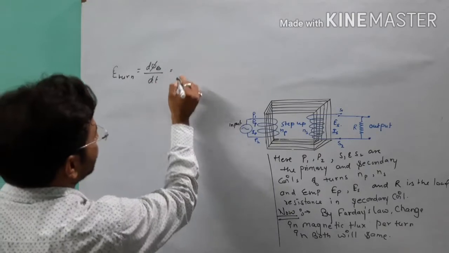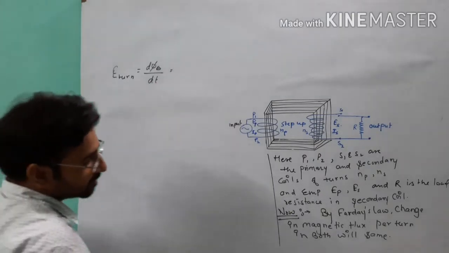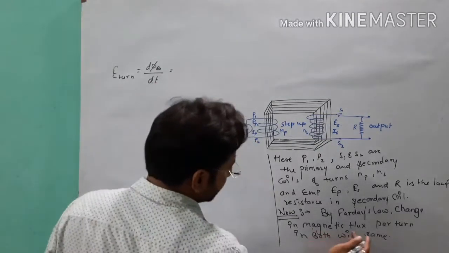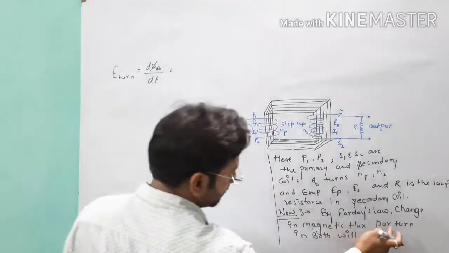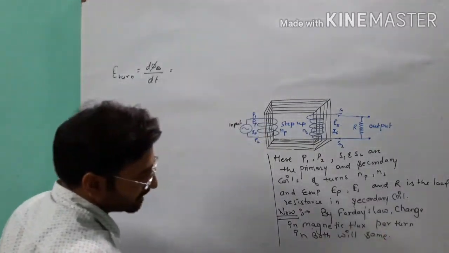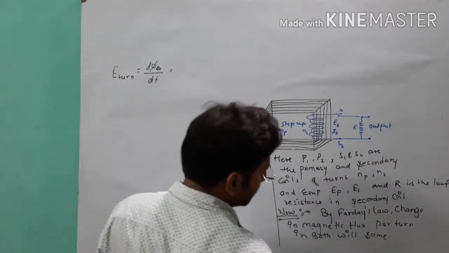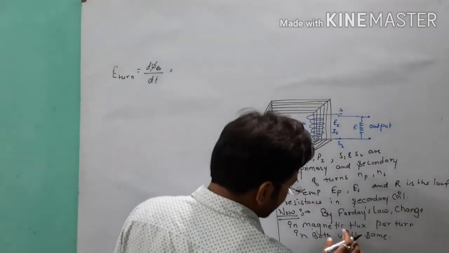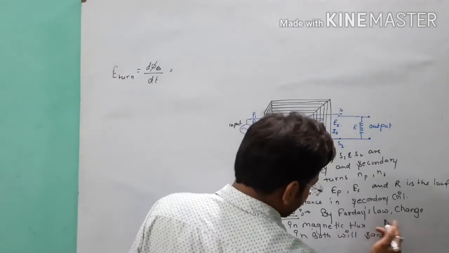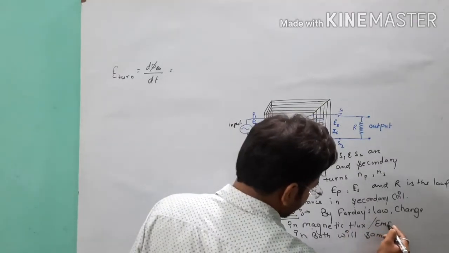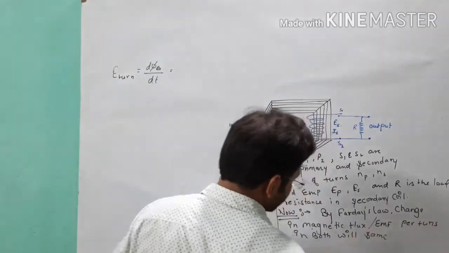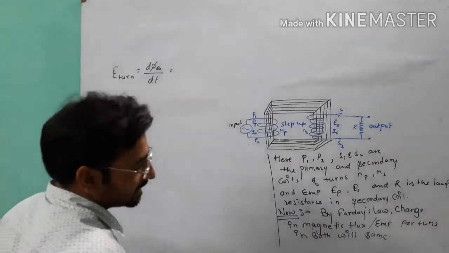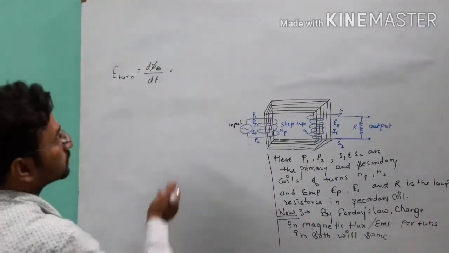As I told you, once again I am repeating, the change in magnetic flux linked per turn will be the same, or you can say the EMF per turn will also be the same.